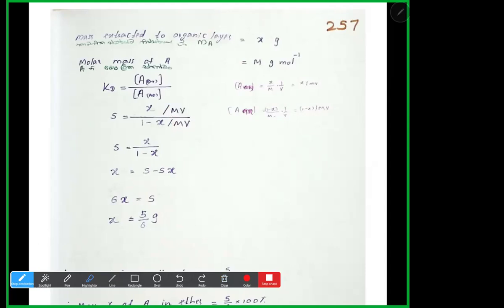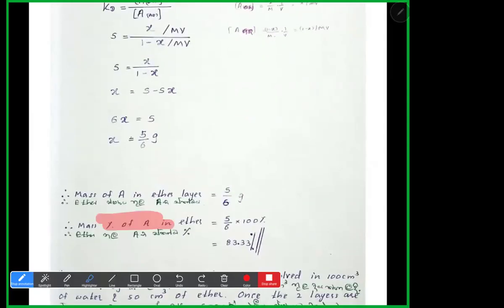Let's say 100 milliliters of water mixture and 100 milliliters of ether. So this cancels off, only X remains, cross multiplication, and we can find X. For 1 gram, 5 portions out of 6 have been extracted. So the percentage is 83.33. This is as a whole, using all the 100 cubic centimeters of ether.